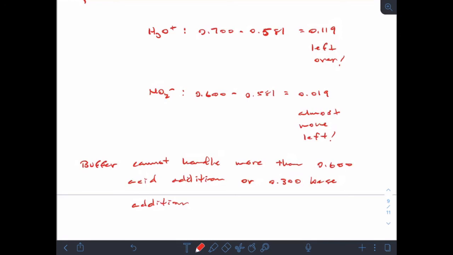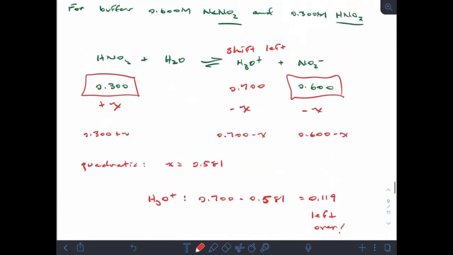The buffer's capacity to resist pH change is dictated by the concentrations of the components. When I add acid, my base neutralizes it, so I have to make sure that I don't add more acid than I have base. If I add more acid than there is base, there's still going to be acid left over.